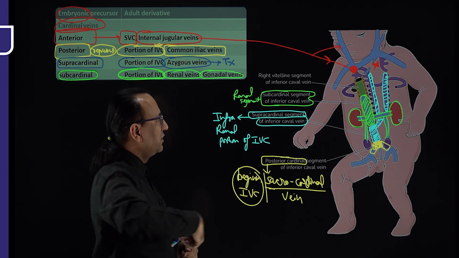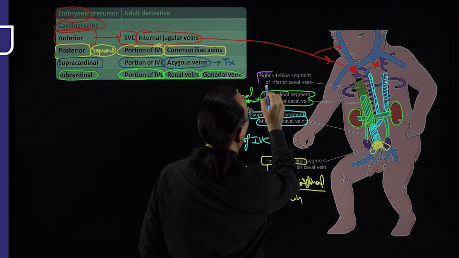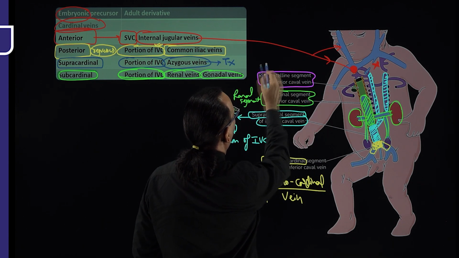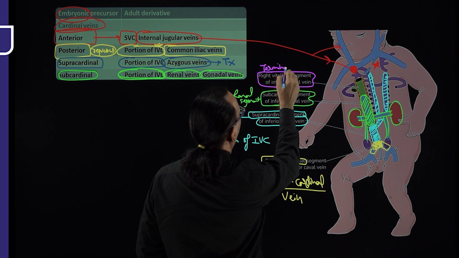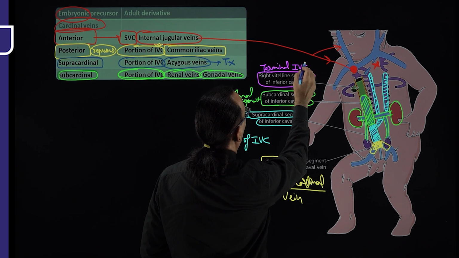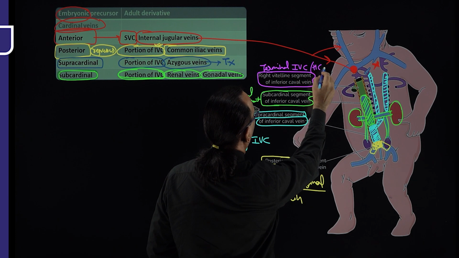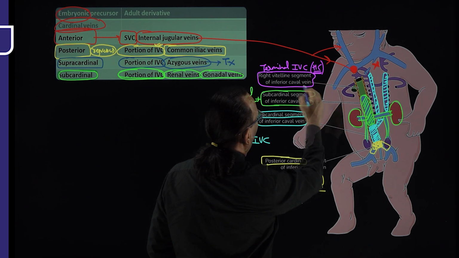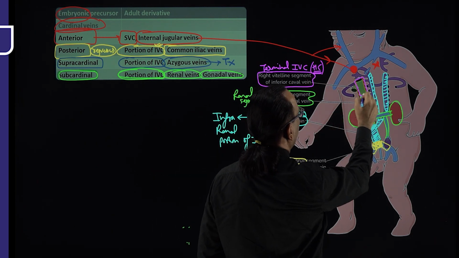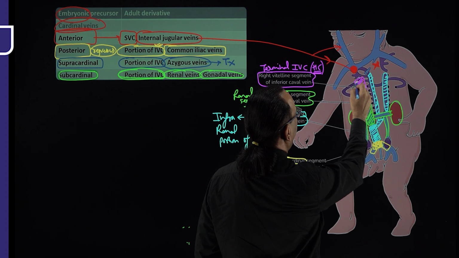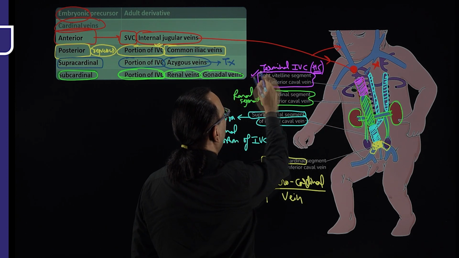So you can mention that as well. It is the right-sided vitelline vein which will form the terminal portion of the inferior vena cava, also called the hepatocardiac portion, which came chiefly from the right-sided vitelline vein.